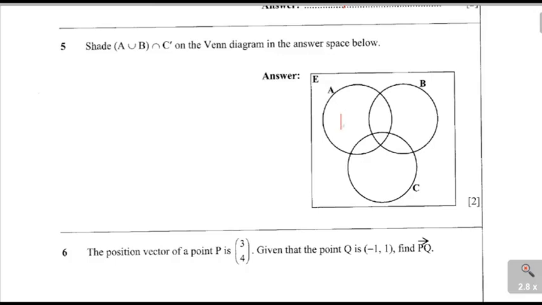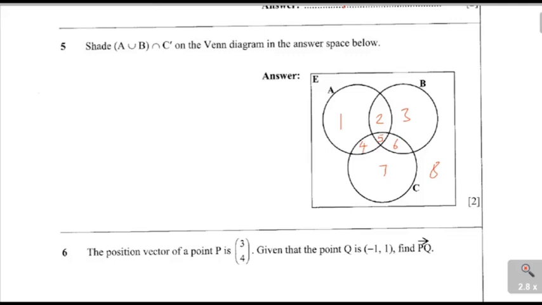So let's say you come up with numbers 1, 2, 3, 4, 5, 6, 7, 8. These numbers that I've written in the circles are just there to guide you on which particular region you are going to shade.